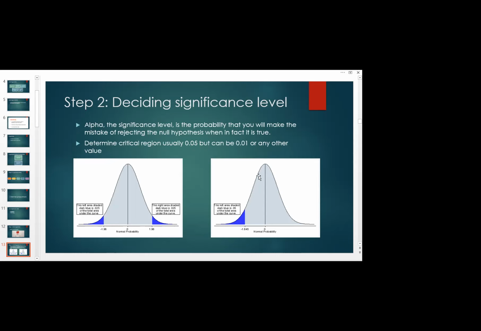Whereas when we have a one-tailed hypothesis, the area over here is 0.05. So at one side of the tail, the area becomes 0.05, but in case of a two-sided hypothesis, we divide the 0.05 between both the tails.